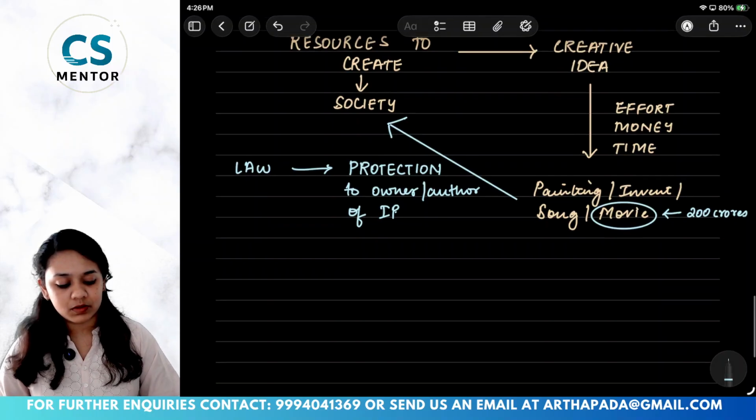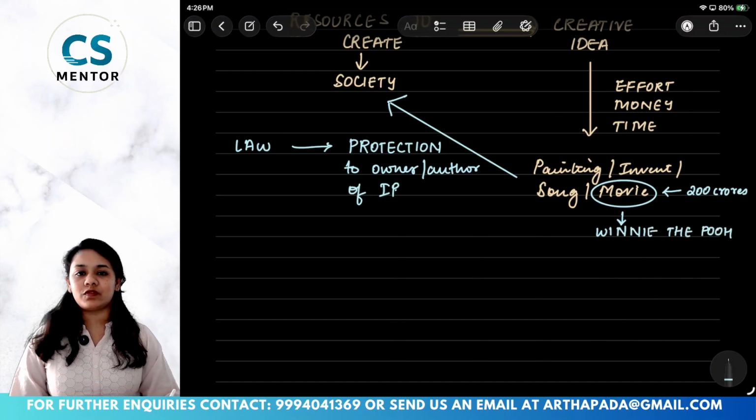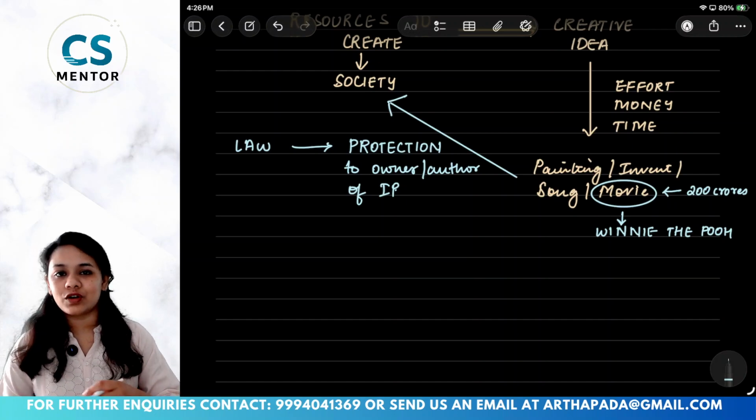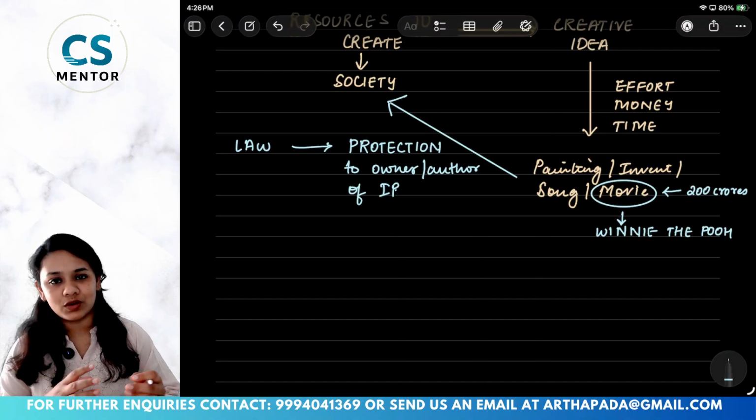Now take for example one movie that we see was Winnie the Pooh. Winnie the Pooh is one of the greatest children's characters, which had its own movies, its Cartoon Network shows, all of these things.